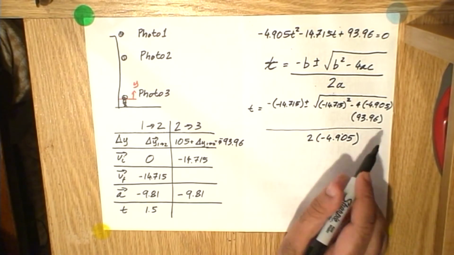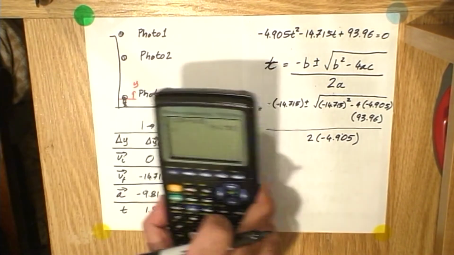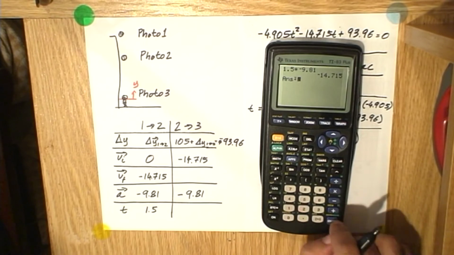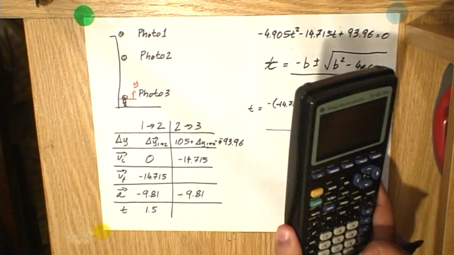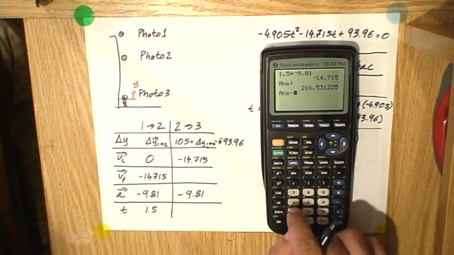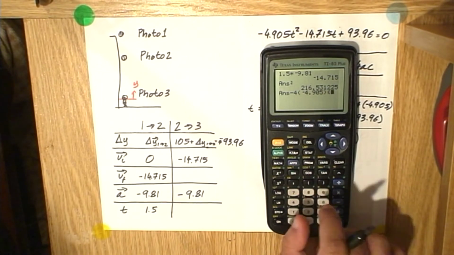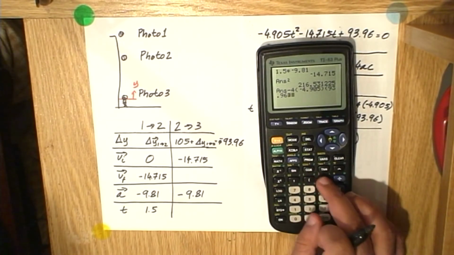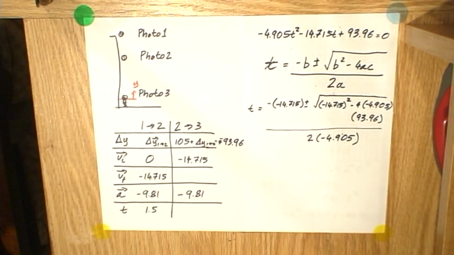So let's start simplifying this somewhat. Negative 14.715 squared is 216.531. So that minus 4 times negative 4.905 times 93.96 gives us 2060.02.